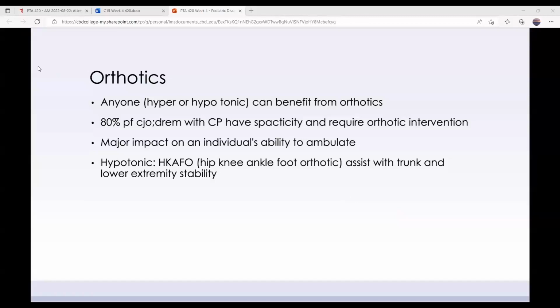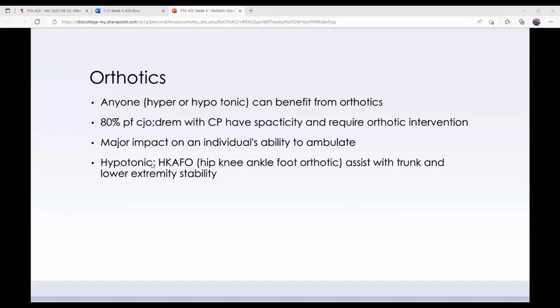When you're reading questions and it says that a patient has an HKAFO, which means that they have a hip, knee, ankle, foot orthotic, it just means that they have an orthotic. You can't just assume that it's for a CP or for specific patients, okay? It just means that the patient needs a lot of support, okay?